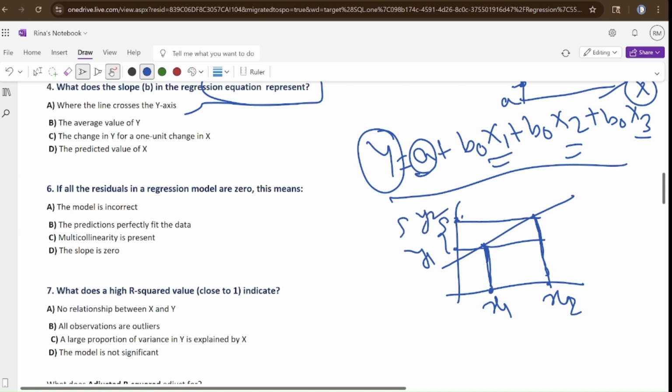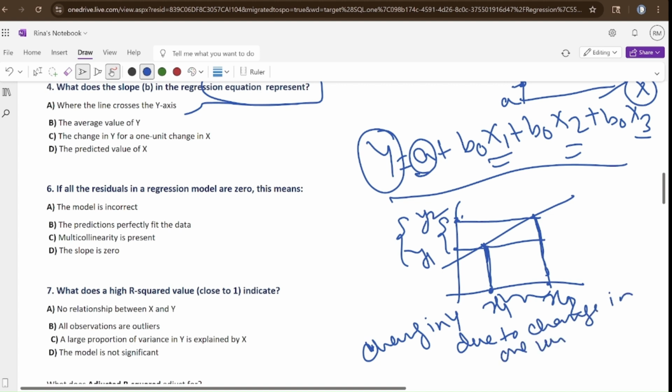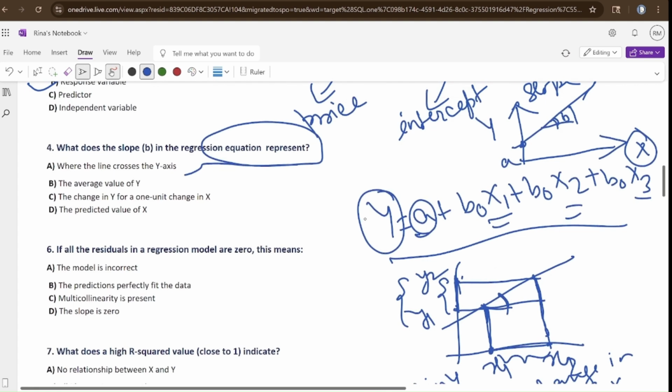So the change in y due to change in x is called slope. More precisely, the change in y for a one unit change in x is called slope. This is the definition of slope. So you can explain that for changing this much in x, there will be this much of change in y.